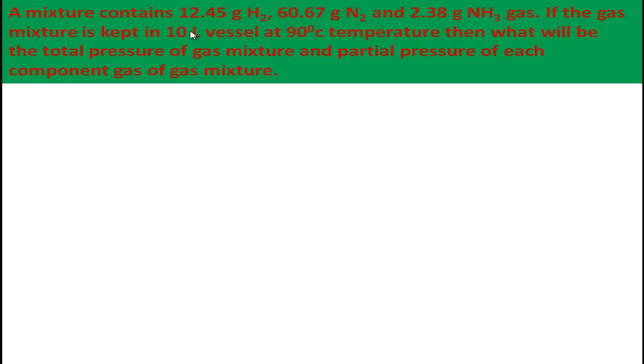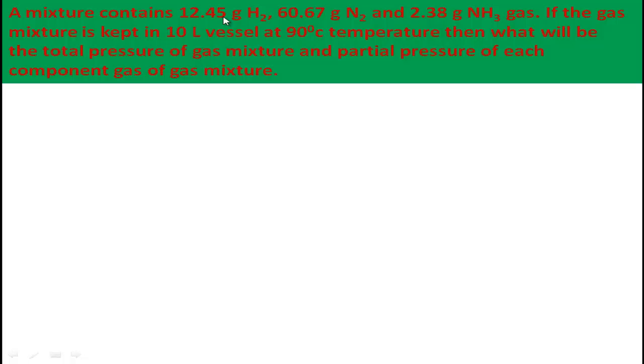Now follow another math. A mixture contains different amounts of hydrogen, nitrogen and ammonia gas. If the gas mixture is kept in a vessel of 10 liter volume and 90 degrees centigrade temperature, then what will be the total pressure of the gas mixture and the partial pressure of each component gas? So at first you have to determine the total pressure using the ideal gas equation, PV equal to nRT, where n is the total mole.